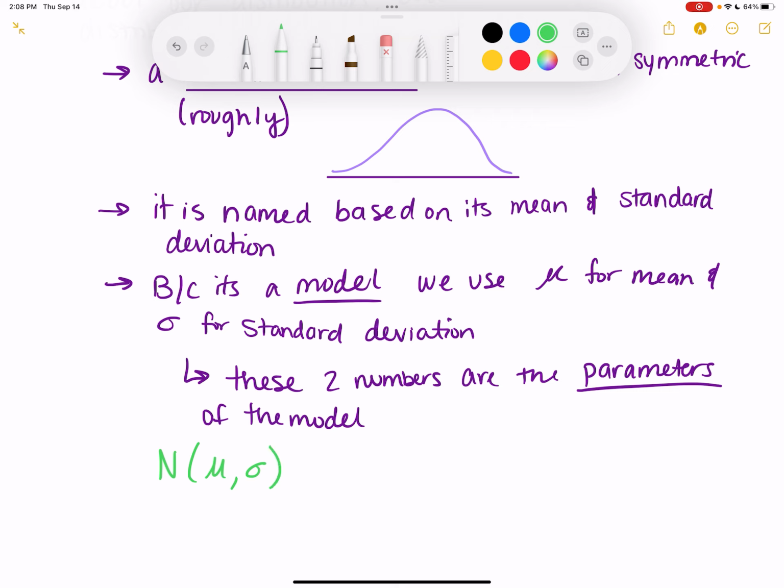This right here is how we symbolize the normal model and indicate what the mean and standard deviation are.